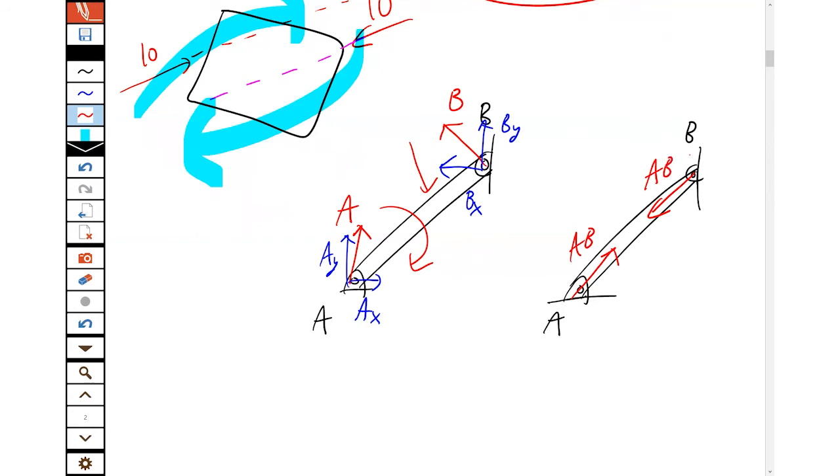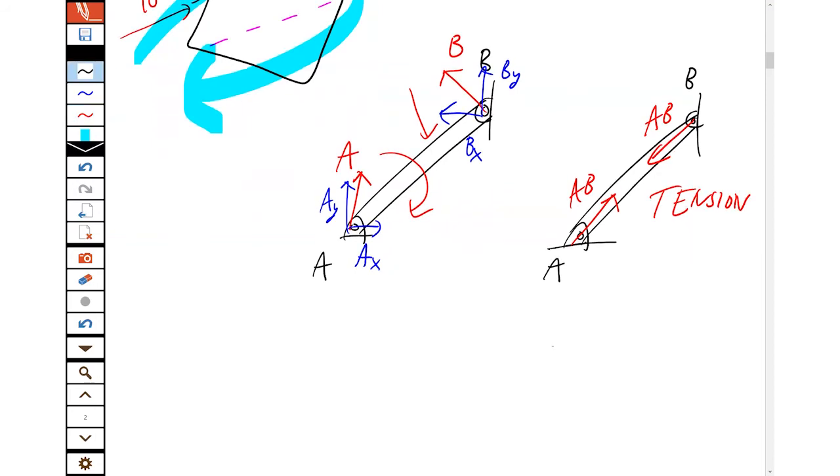So it's either in tension like this, pulling on both ends, or you could have a situation where the beam is being squeezed and then the force is in compression, pushing out on both ends. Sometimes people have a bit of worry seeing that.